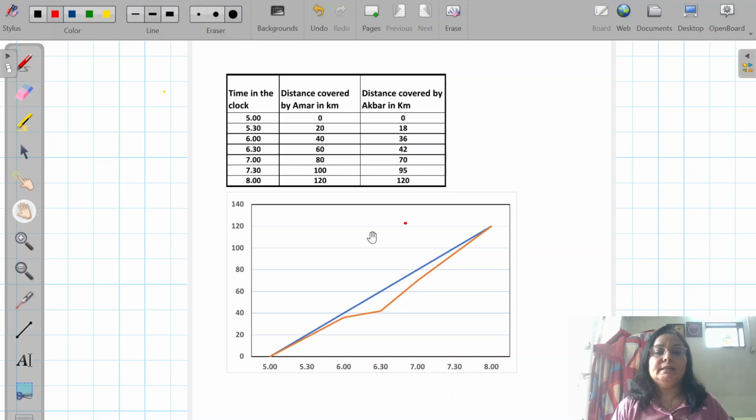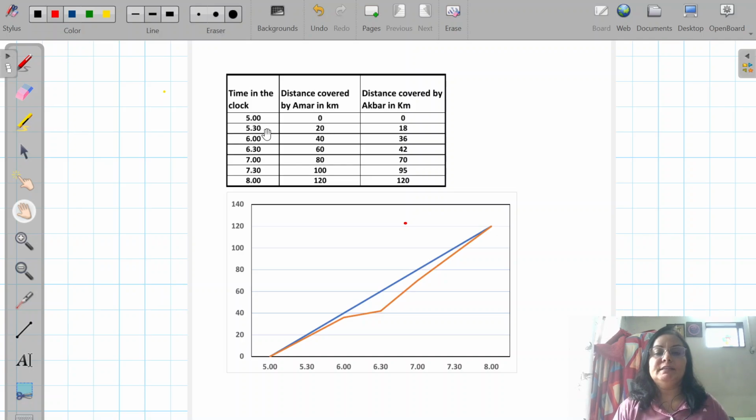So now let us say there are two friends, Amar and Akbar. They decide that they are going to go to another town and come back by visiting that town. Now, suppose they both start at 5 o'clock.